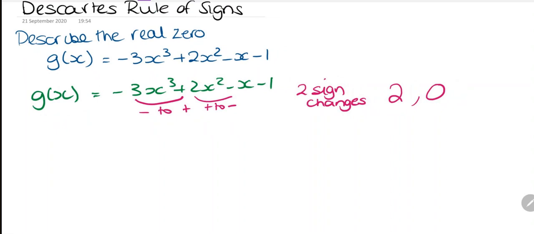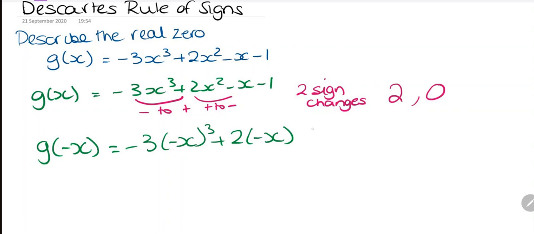And let's have a look at the negative. It's going to change all the x's to minus x, and then we're going to see how many sign changes we actually have.